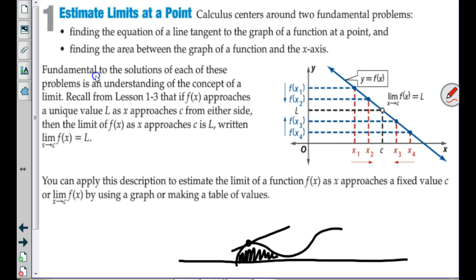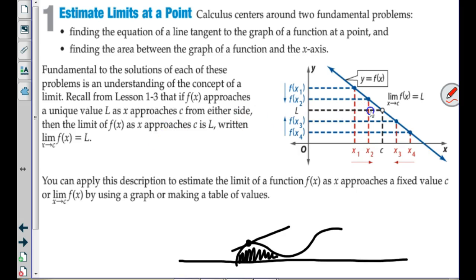All right, fundamental to the solution of these problems is an understanding of a concept called a limit. It says, we talked about this in 1.3, but we skipped it back in 1.3. We talked a little bit about it, but we didn't use the word limit. If a function approaches a unique value as it approaches from either side, then the limit exists and it would be that unique value.